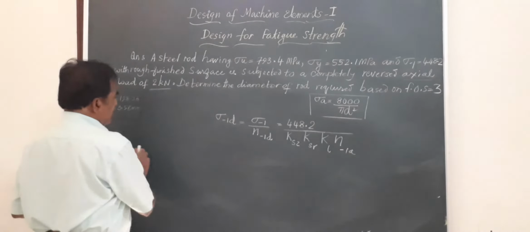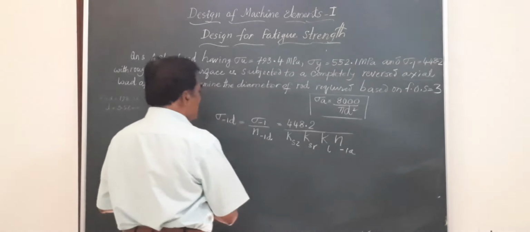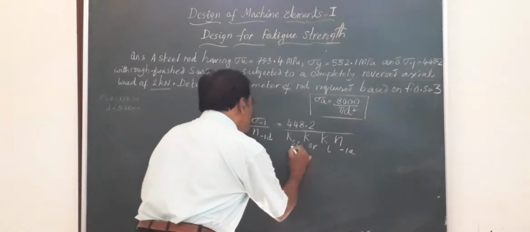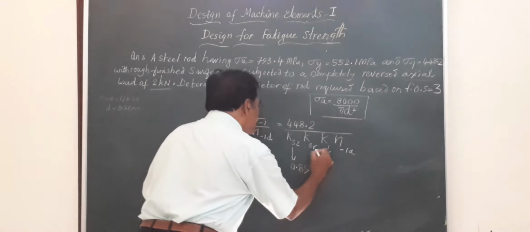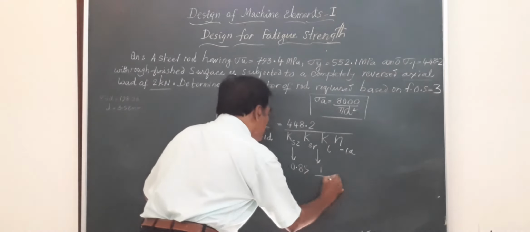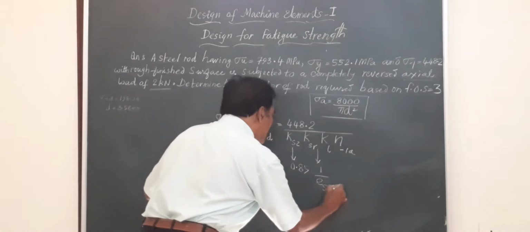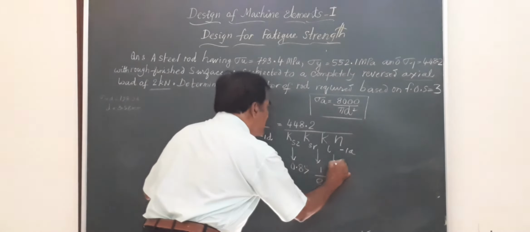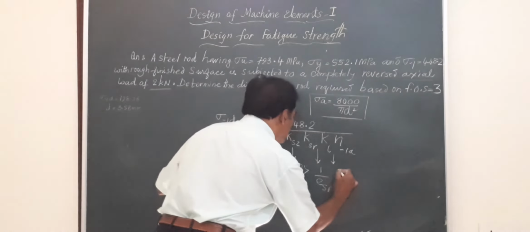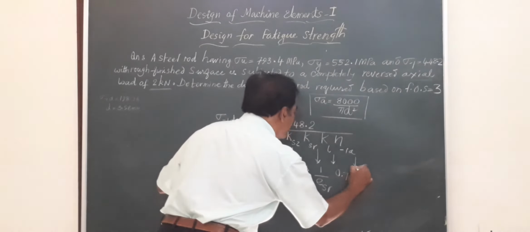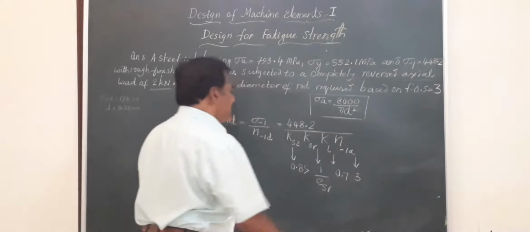Friends, let us find out what these values are. Here KSZ, I told you, this KSZ is 0.85, this KSR is 1 by ESR, and this KL is, for the case of an axial load, it is 0.7, and the factor of safety given is equal to 3.